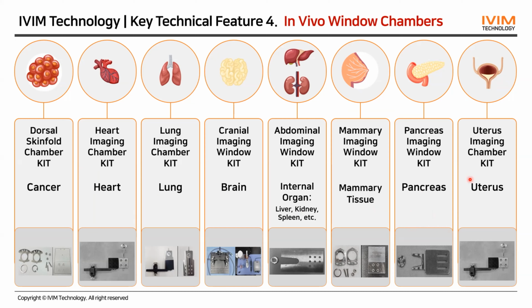And the uterus imaging window chamber is also integrated with the suction-based stabilization system for stable in vivo uterus imaging. All of those are fully optimized and provided as accessory products of the IVIM system.